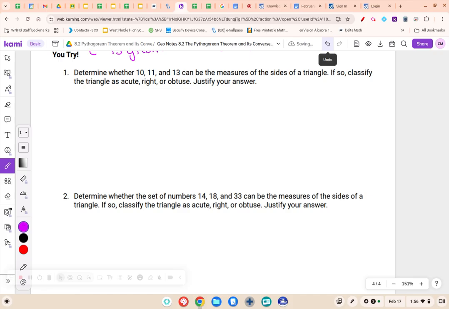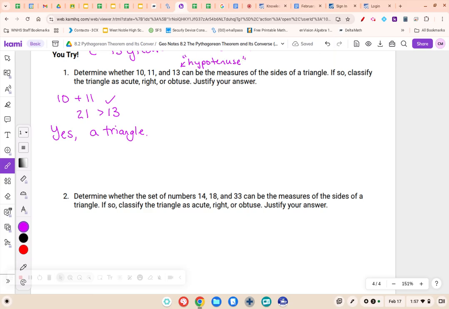Okay, same sort of question as the last ones. First of all, we have to decide if this is a triangle. So add your two shorter sides. See if it's bigger than your longer side. It is, so this is a triangle. Then take your hypotenuse, your biggest side, put that in quotes again because it might not actually be the hypotenuse of a right triangle, and then see how it compares to the other two sides.